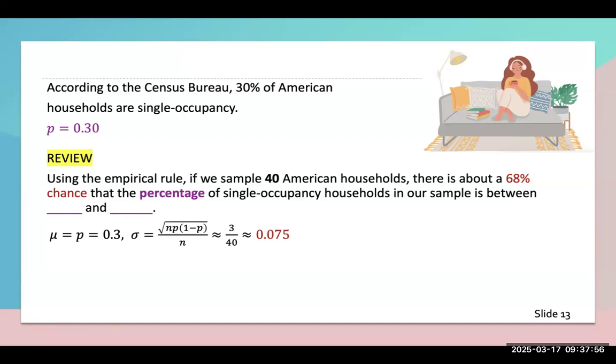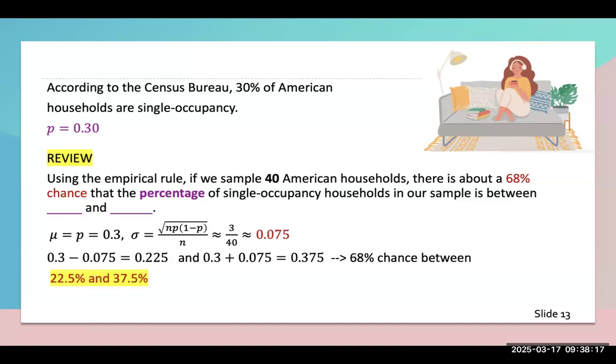So if I let mu be 30%, and the standard deviation we said was 3, well, we could think of that as a percentage, 3 over 40, and that's 7.5% or 0.075. Then we can do the same problem by taking this true parameter, the 0.3, and adding and subtracting this 0.075, and we'll get the same answer.